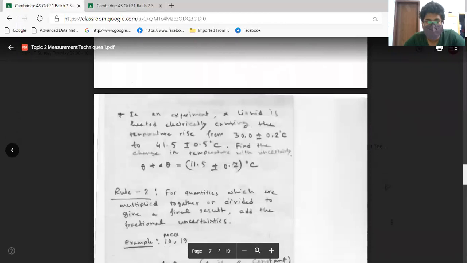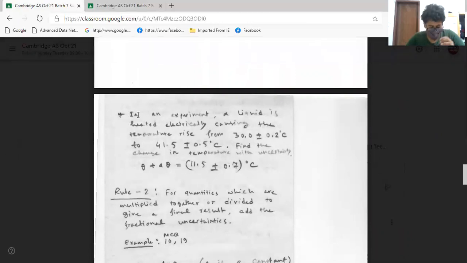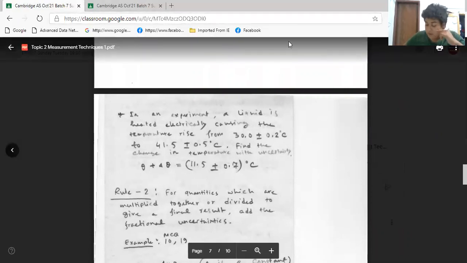Rule 1, another example. Can you read here? In an experiment, a liquid is heated electrically, causing the temperature to rise from 30 plus minus 0.2 degrees centigrade to 41.5 plus minus 0.5 degrees centigrade. Find the change in the temperature with uncertainty.